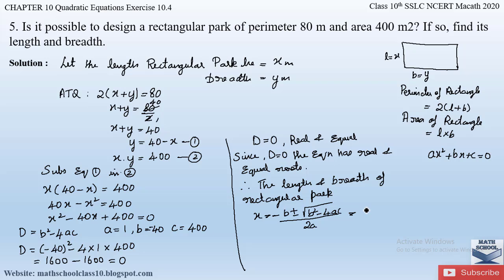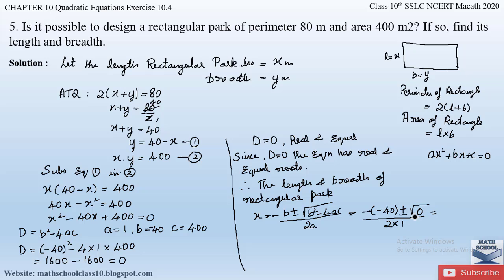x is equal to minus b, which is minus 40, plus or minus square root of b square minus 4ac. We have already found that the square root of b square minus 4ac is equal to 0, so let us write 0 directly, divided by 2 into a value, which is 1.